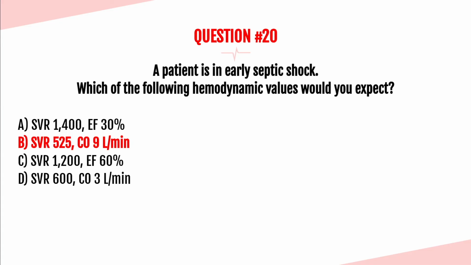So we can cross out A, we can cross out C. It's between B and D. Now, are we going to have a high cardiac output or a low cardiac output in early septic shock? Remember that early on, the sympathetic responses kick in, and that's why we're going to see a high cardiac output.